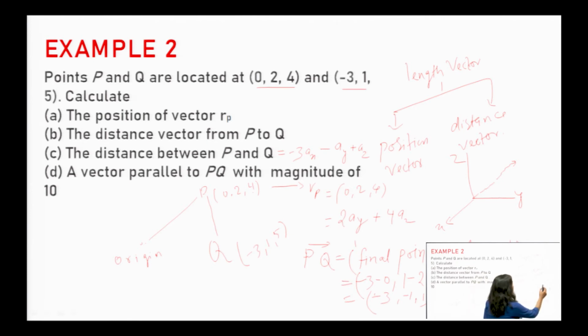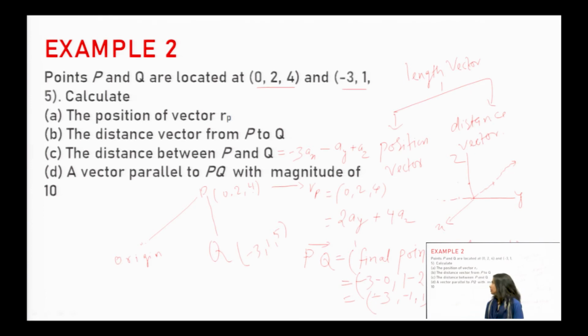So, here we mark 3. Then on negative y axis, this is 1. On z axis this is 1, means our point will be somewhere here whose coordinates are minus 3, minus 1 and 1. In vector form we will represent it like this.